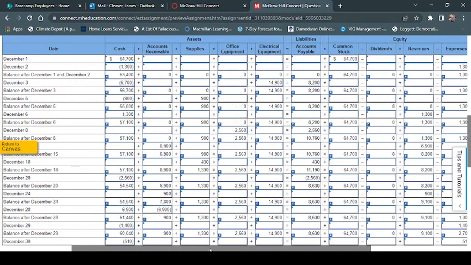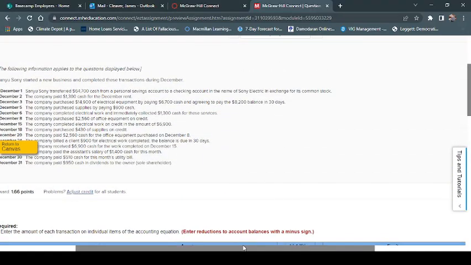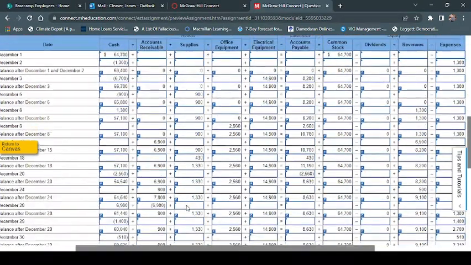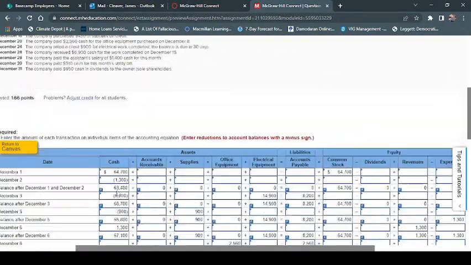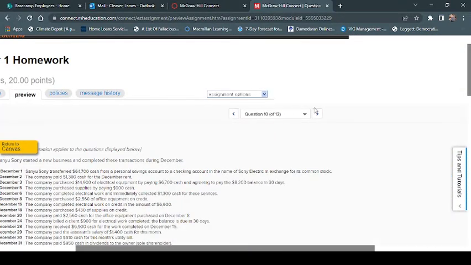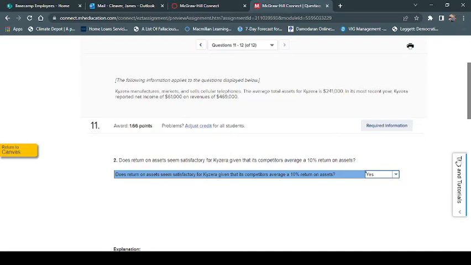That's the date. Assets, liabilities. And again, there's our question. No further explanation needed there. And did it ask us another question? I don't think so. 10, and then 11 and 12 are here.